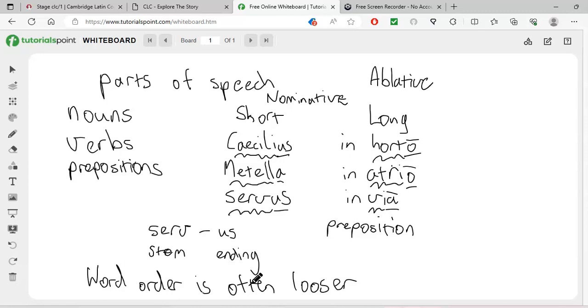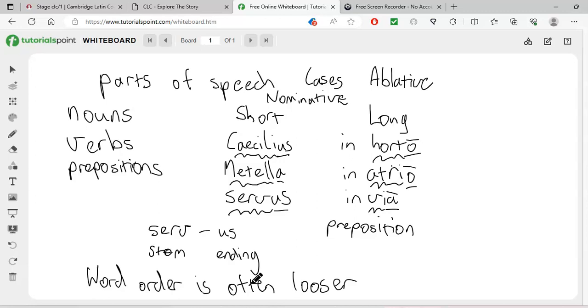So if we look at the nouns, we've got ones that end in a syllable with a short vowel, and ones that end in a syllable with a long vowel. And here, all the ones with the short vowels are in the nominative case, which is the case we find. These are cases, sorry, I should say. That's the form we find in the dictionary. Usually, it's the heading the word comes under.